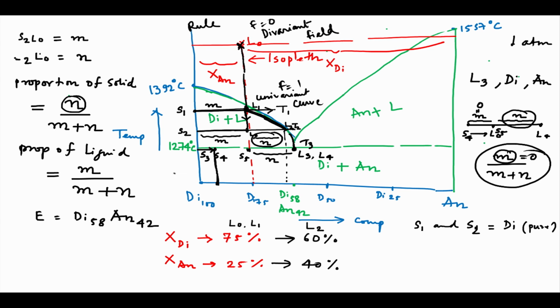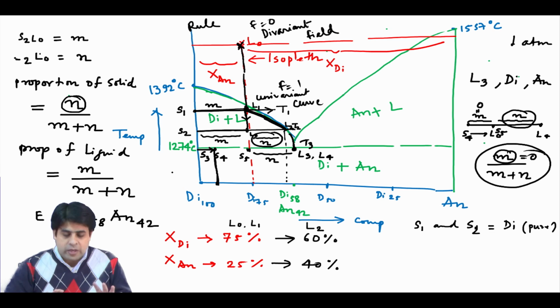We will try to sum up here, and we will start the next lecture from this point. Okay. So, I think I will stop my lecture here, and we will try to understand this eutectic phase diagram from the point when the last drop of liquid is exhausted.